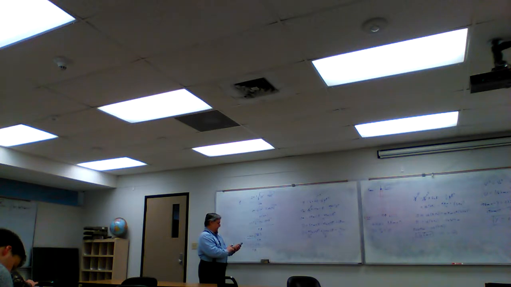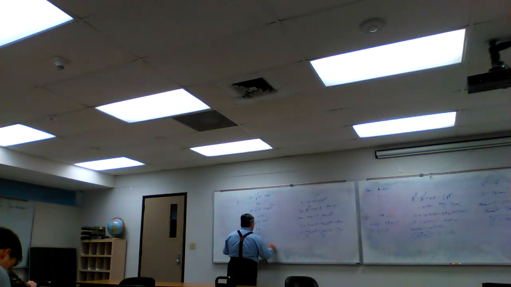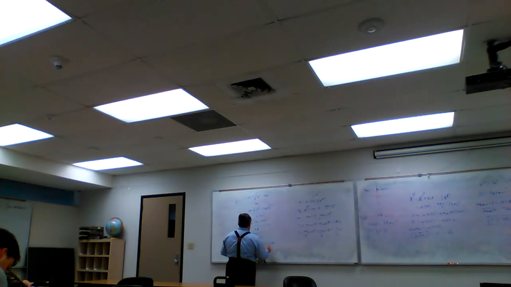So, if we start with negative 24 and we add 17.92, we end up with minus 6.08, divided by minus 9.8.